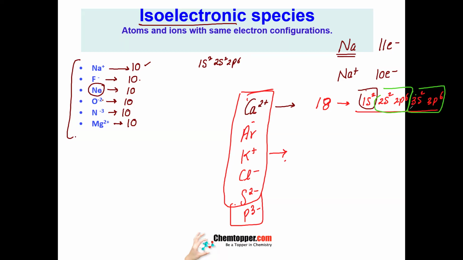Arnav, you vanished again? Arnav, 3 shells. You can see 3 shells here. Okay. And how many shells are here in these isoelectronic species? 2 shells. So isoelectronic species will come again in the periodic trends.